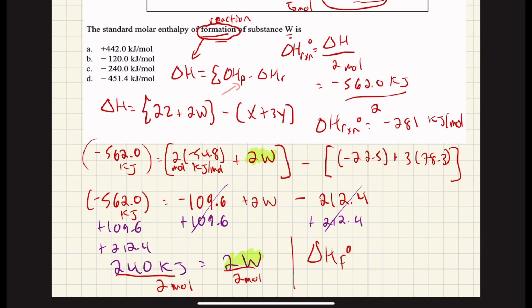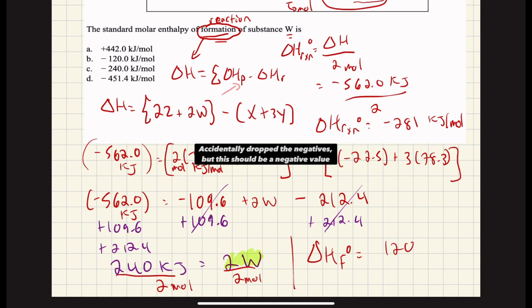And then that gives us the molar enthalpy of formation for W of about 120 kilojoules per mole.